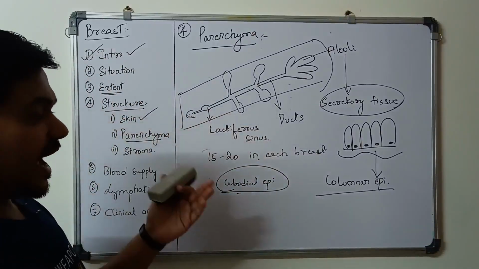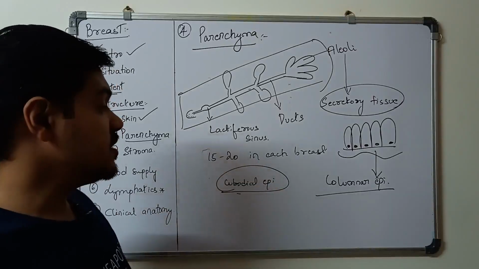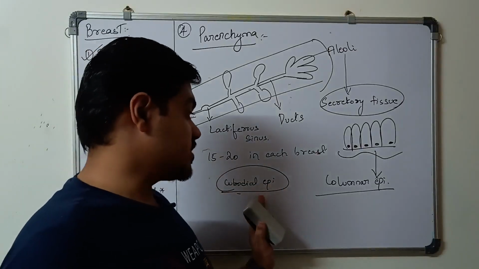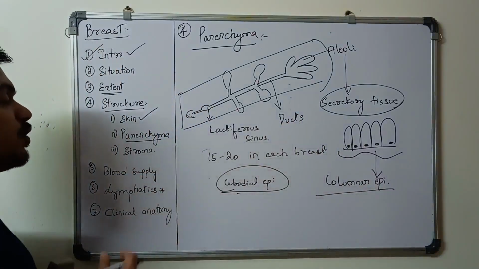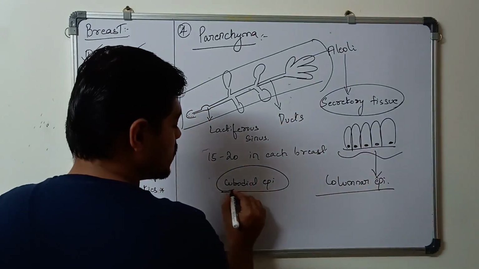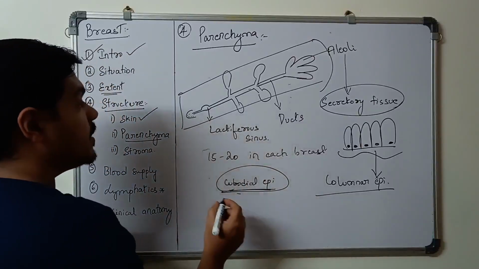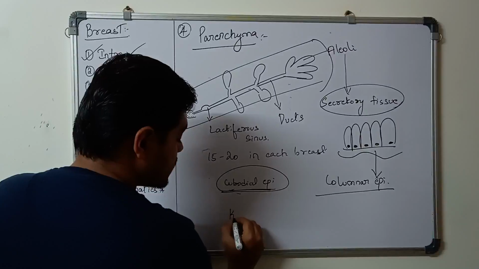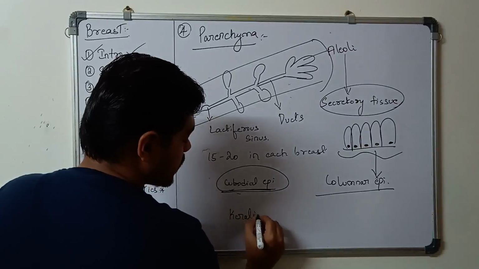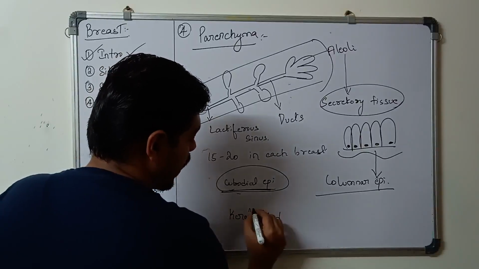Just before it begins to lactate, the cuboidal epithelium is converted into columnar and the secretory activity begins. Whereas the ducts are mostly lined by cuboidal epithelium, the terminal parts are lined by keratinized squamous epithelium.